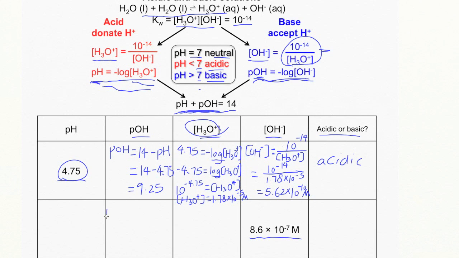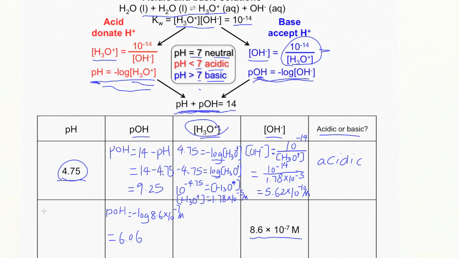So, pOH value equals negative logarithm of 8.7 times 10 to the negative 7 mole per liter. Okay, that gives me 6.06. So this is a pOH value.